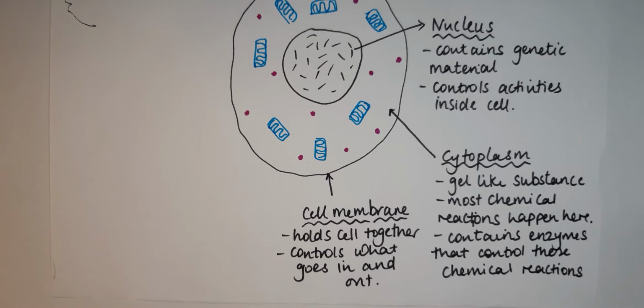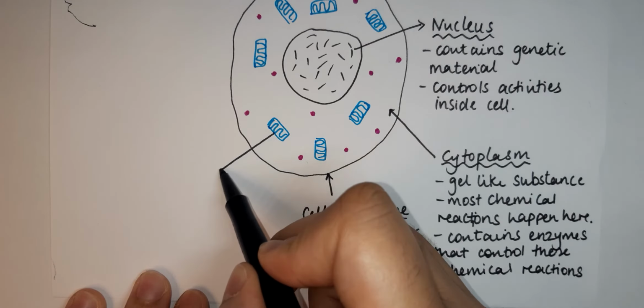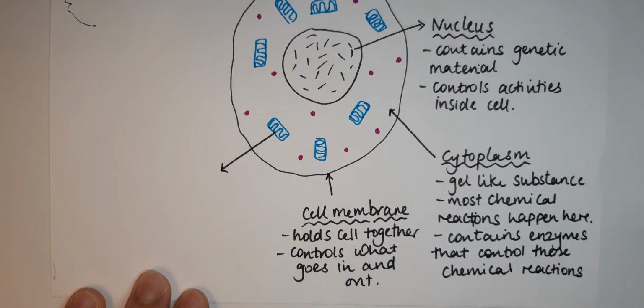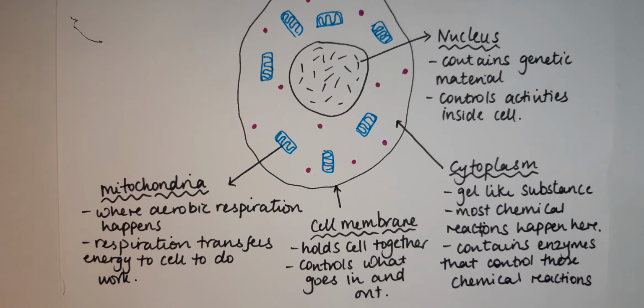Now there are two more subcellular structures that we need to look at. The first one is the mitochondria, and that's this blue thing I've drawn here. The mitochondria is where most of the reactions for aerobic respiration take place, and this respiration transfers energy that the cell needs to do work. So that is the information you need to know about the mitochondria.